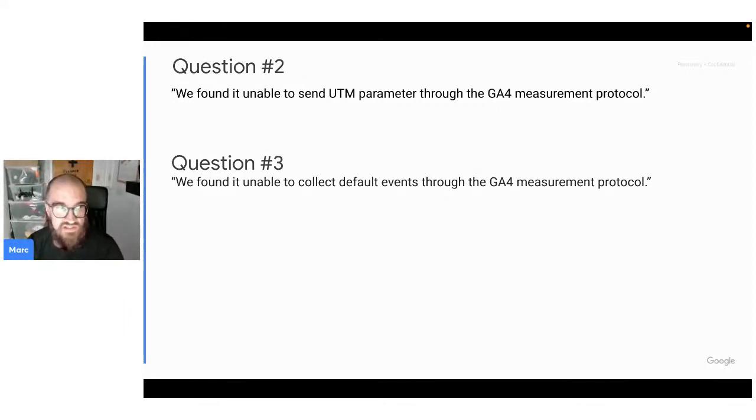There are two challenges here. The first one would be to replicate the logic of when those default events are fired. To take an example, session start: you have to replicate when we trigger session start.